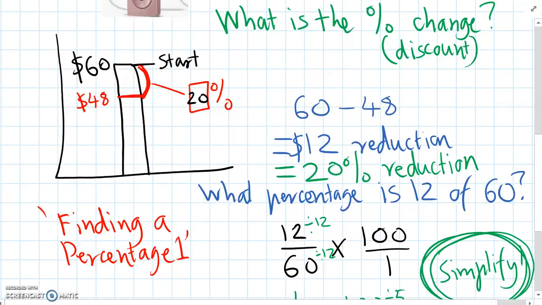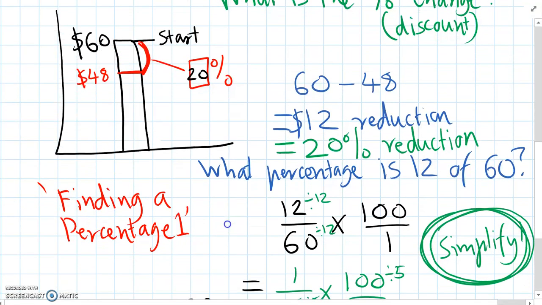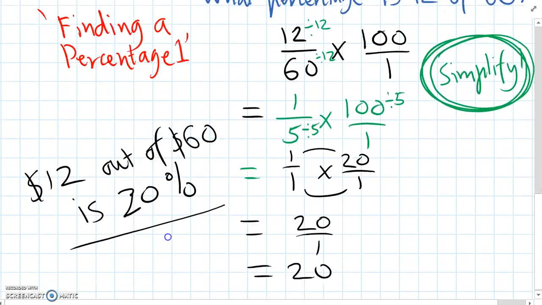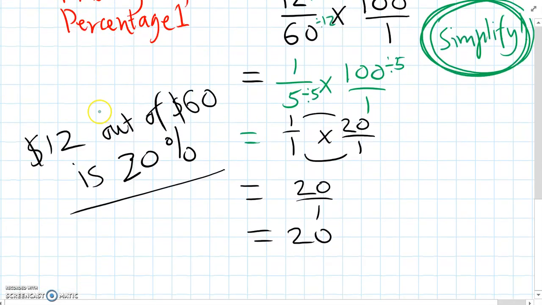So for these types of questions, we just want to think, how much has the price gone up or down? And then find that amount as a percentage out of the original number, the original price.